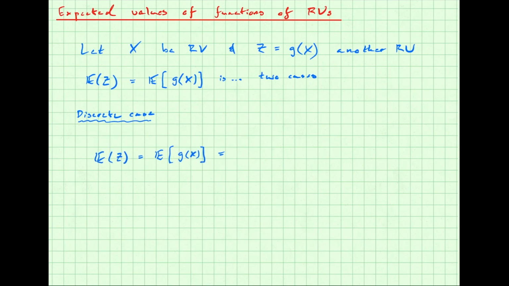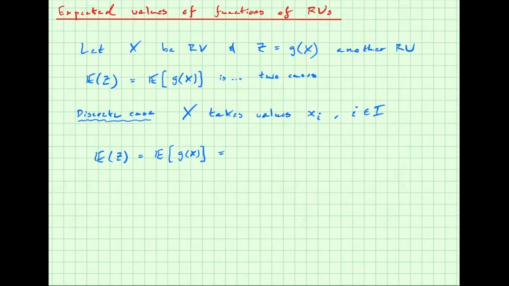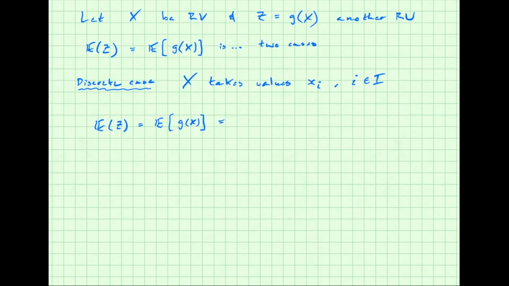So I'm going to say, in the discrete case, let's say that x takes on values, and we'll label them x sub i, where i is in some set that I'll call capital I. Maybe it's 1, 2, 3, or 2, 4, 6, or a whole bunch of different values of i that it can take on.